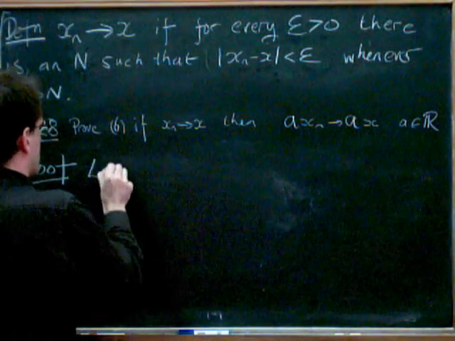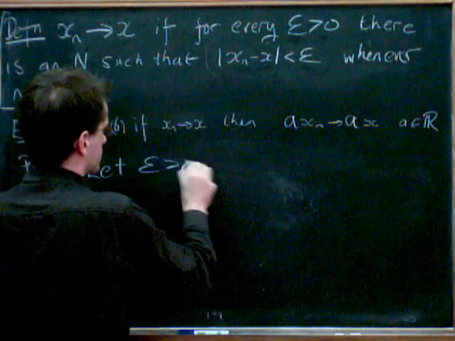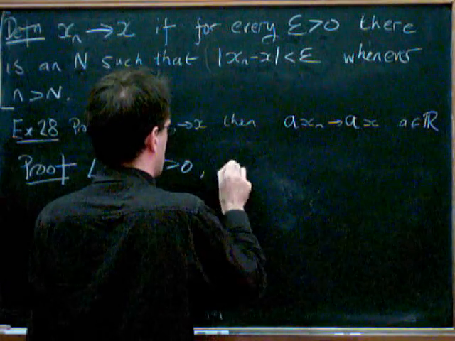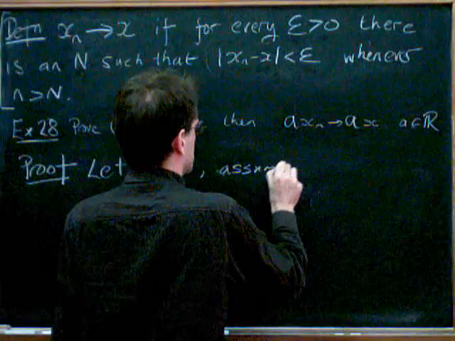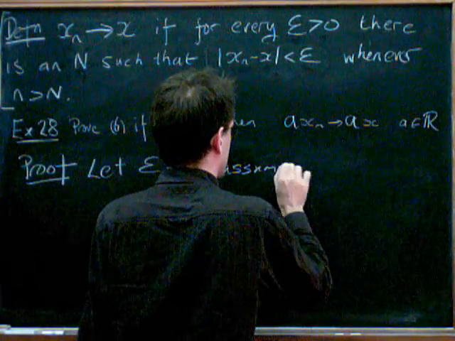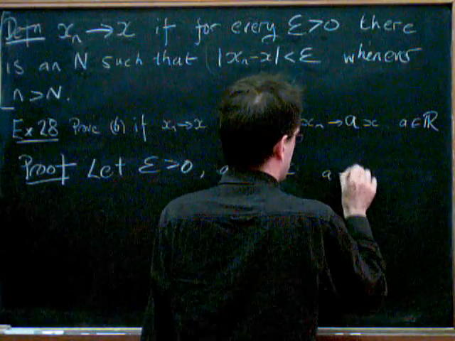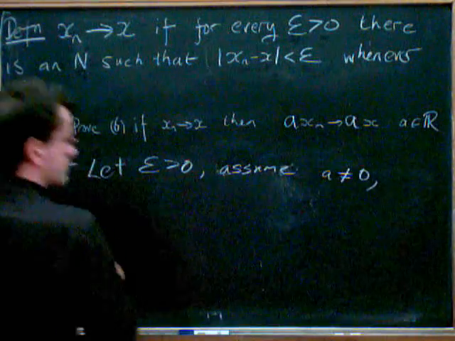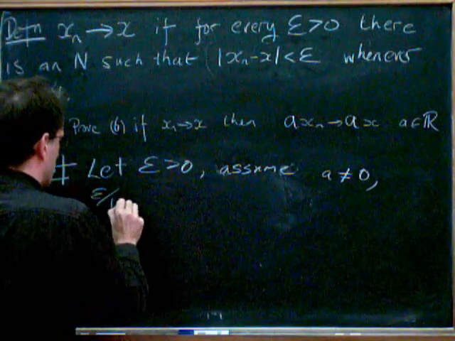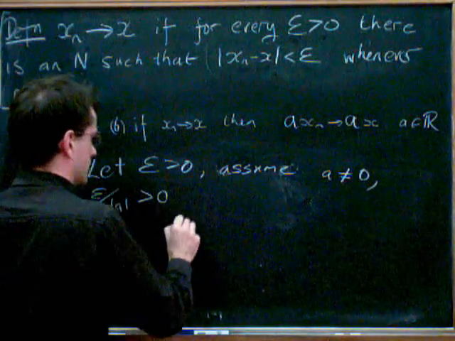So let epsilon be greater than 0, and assume a is non-zero. Then epsilon over the modulus of a is also greater than 0.